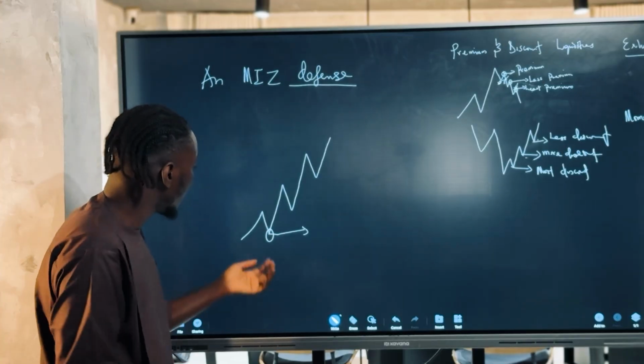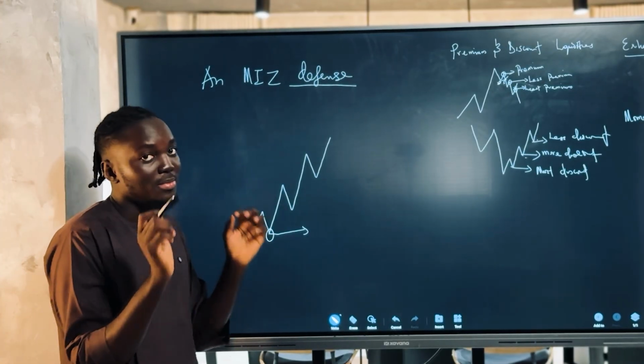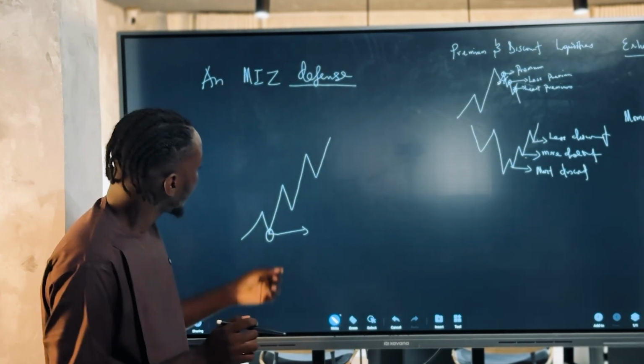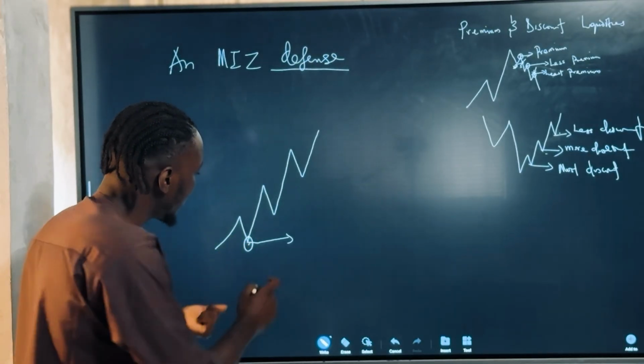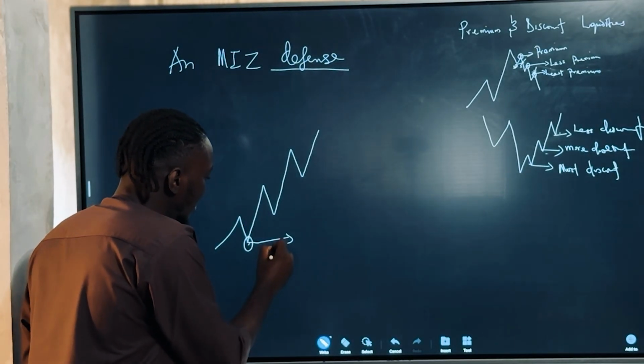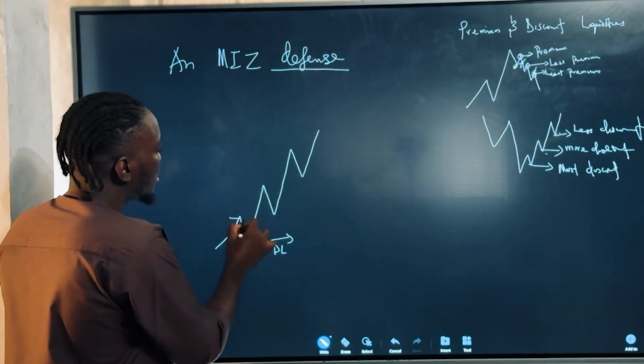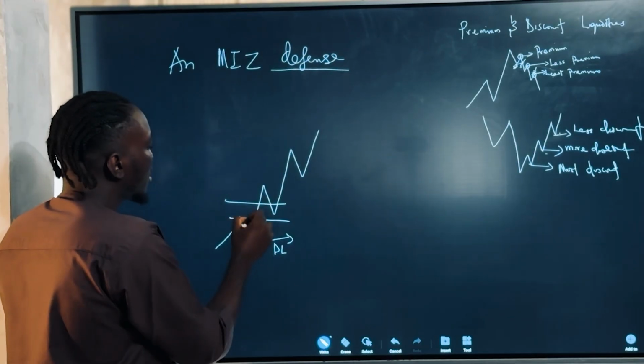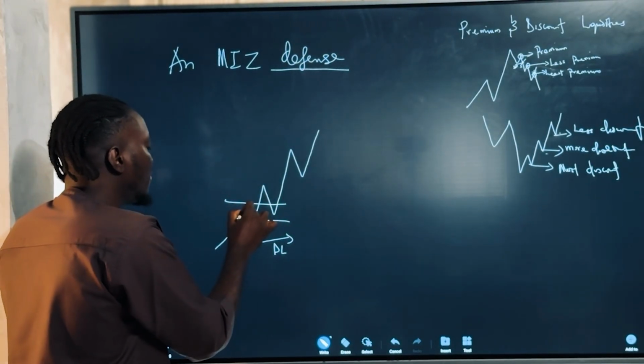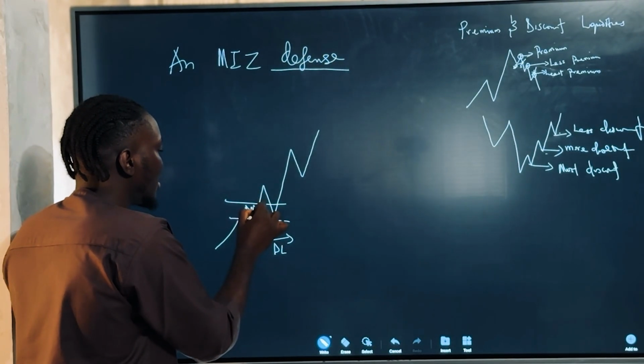It can be weekly. It can be monthly liquidity. It can be yearly liquidity. Okay, the nature of this particular liquidity here, let's say in this case now is a daily liquidity. It means that for every pullback that you see, such pullback must come into a valid daily MIZ.